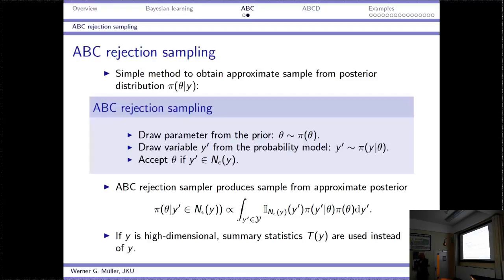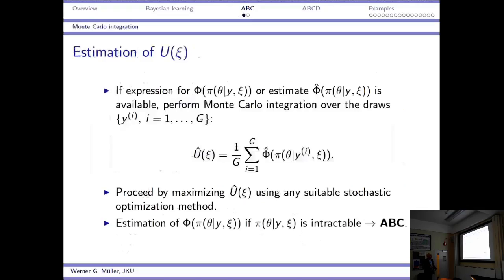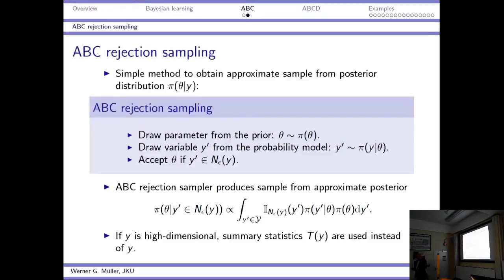There is, of course, a huge literature about this. The method was proposed by some geneticists in the 90s and has been taken up in the statistical literature since then. There are a lot of refined methods of doing approximate Bayesian computation, and I'm not going to go into detail in this presentation. When you're high dimensional, you cannot easily look at what is a close observation to a real observation, especially when the dimensions are larger than, I don't know, 3 to 10.